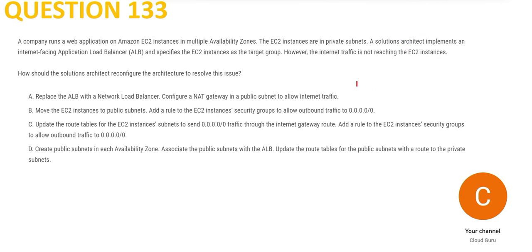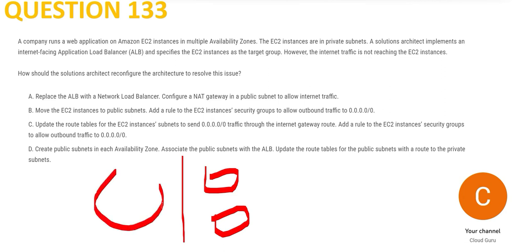This is the next question. You have these EC2 instances, and then you have an ALB here. This round box is the ALB. The problem is these instances are in a private subnet. So when the ALB is trying to talk to them, it is not able to.